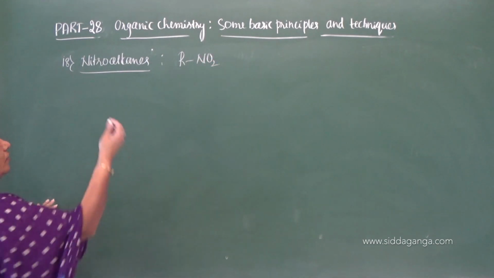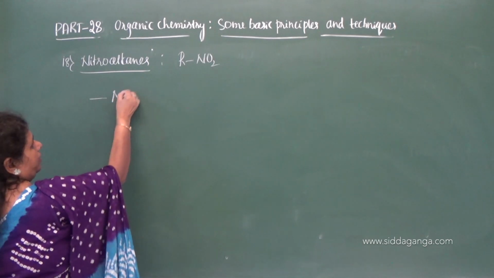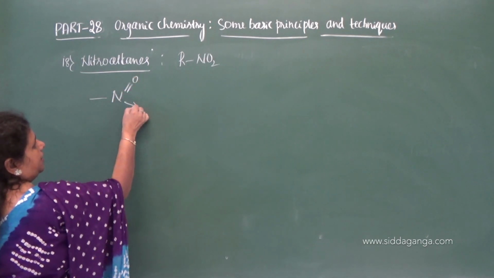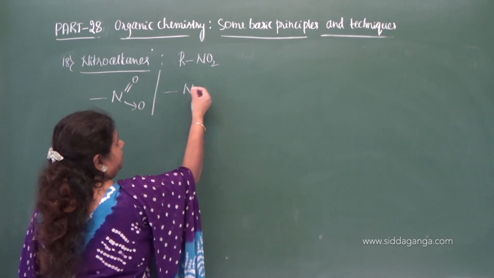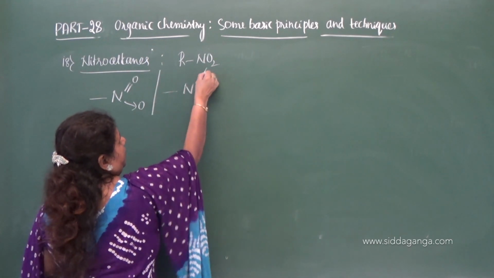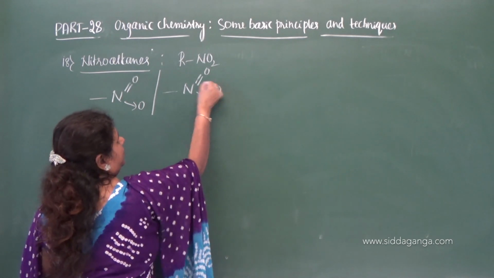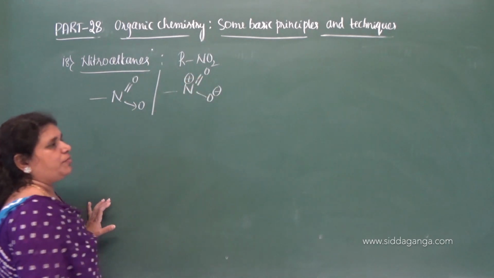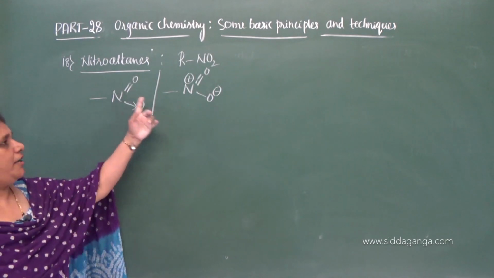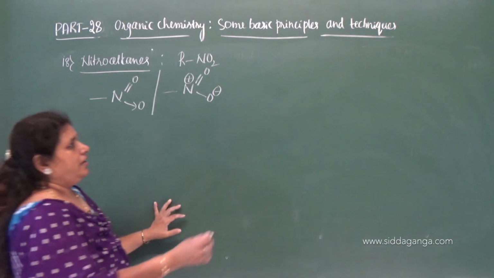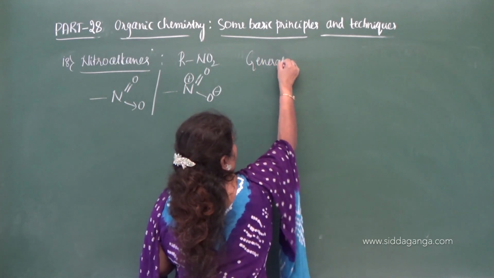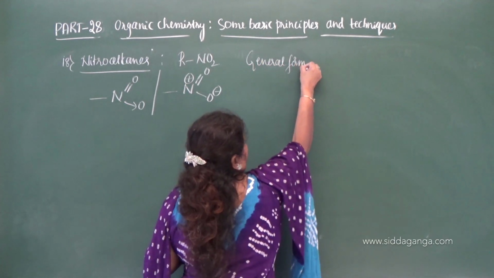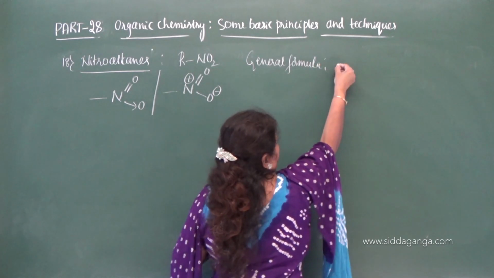So nitro group you can consider as a functional group and sometimes you can consider it as a prefix also, a substituent group also. So this is the functional group of nitroalkanes.